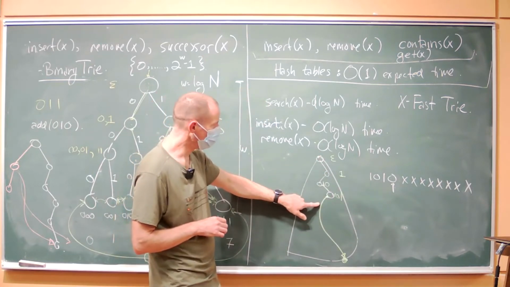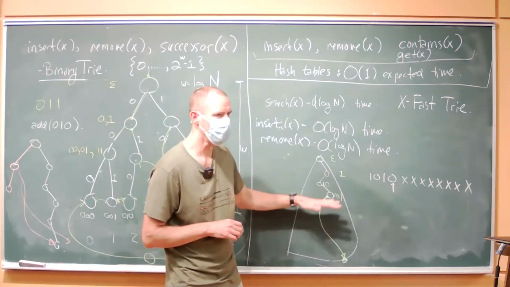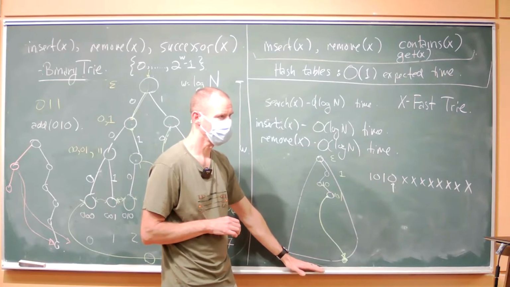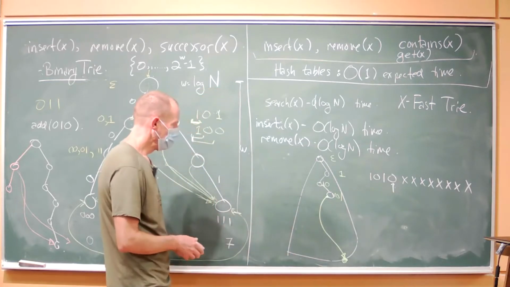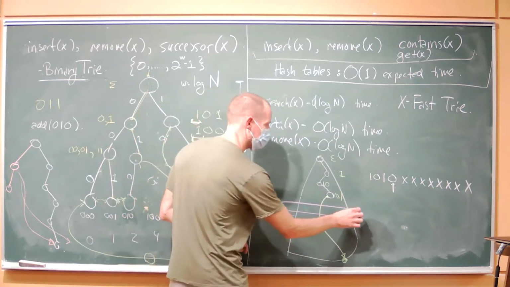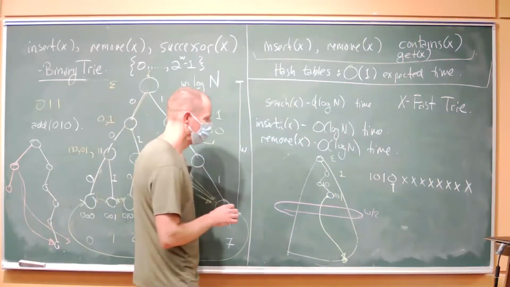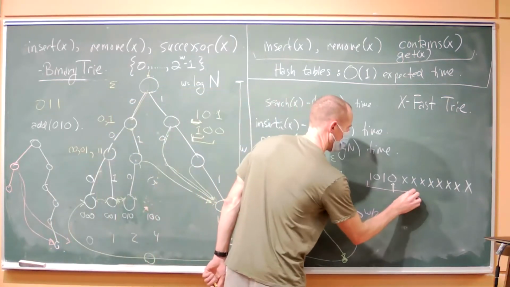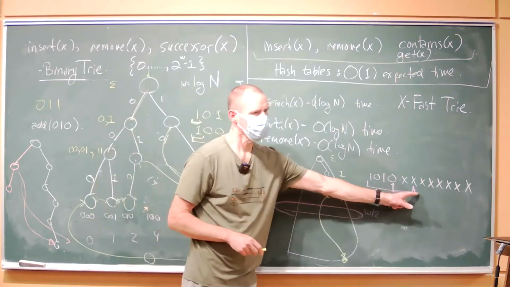That means there's no string that starts with 1, 0, 1, 0 here. And in particular, if I go to the middle level, level W over 2, there's going to be no string that starts with this.